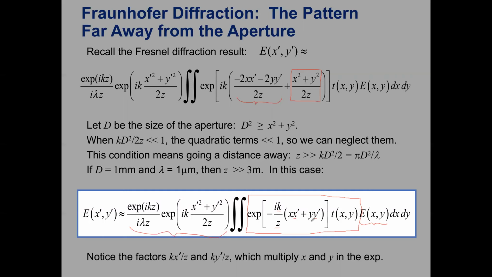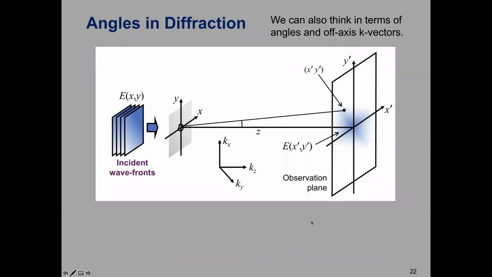We can write those a little bit more simply if we go back to our geometry for the problem. So if we look at this, our k vector, our total wave vector for the wave, points directly along the path the light follows.